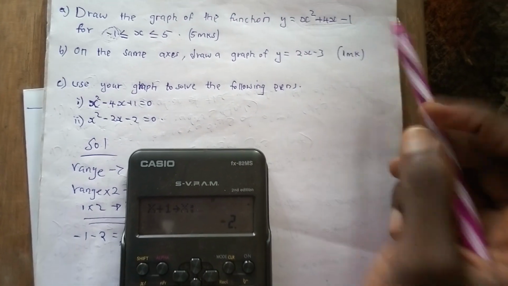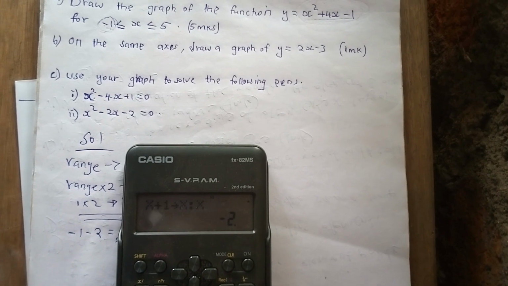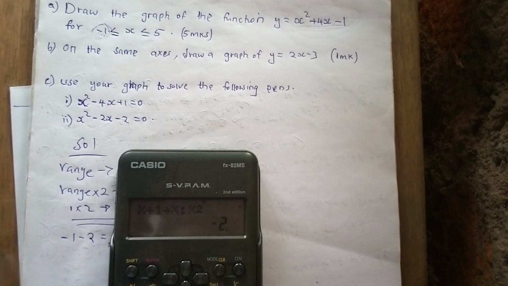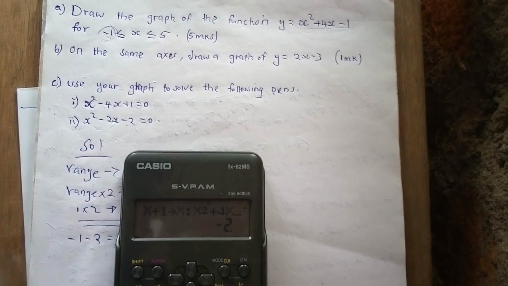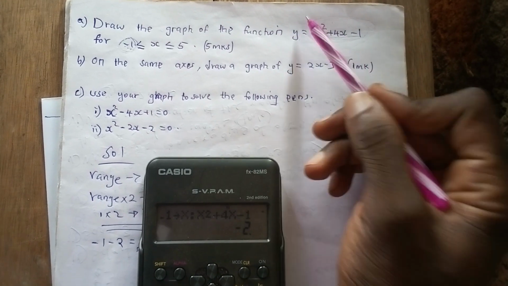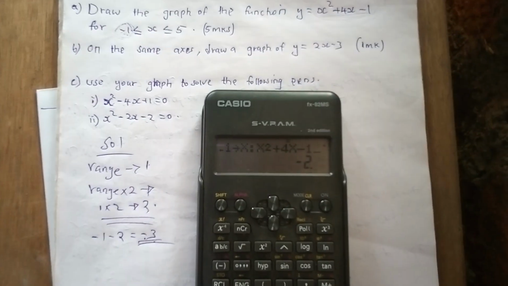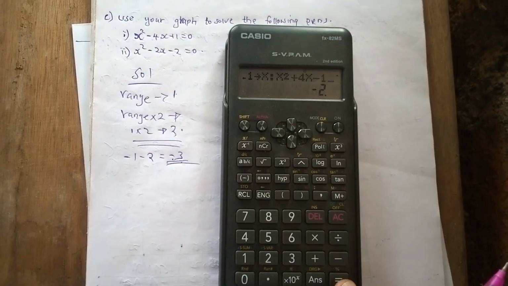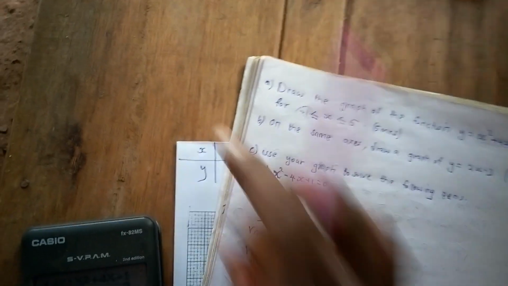So we insert the equation, that's x squared. So alpha x squared, then plus 4x alpha x, then minus 1. So up to this point you are done. Now your work is to press the equal sign.